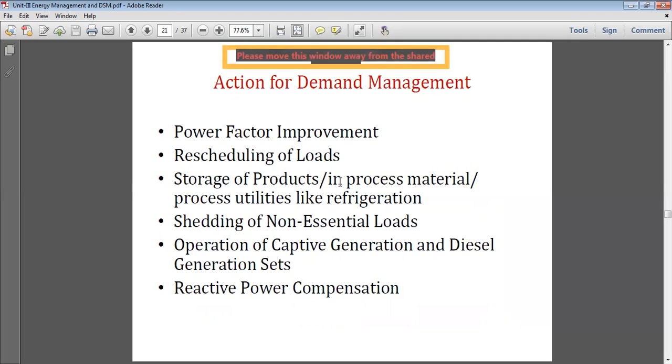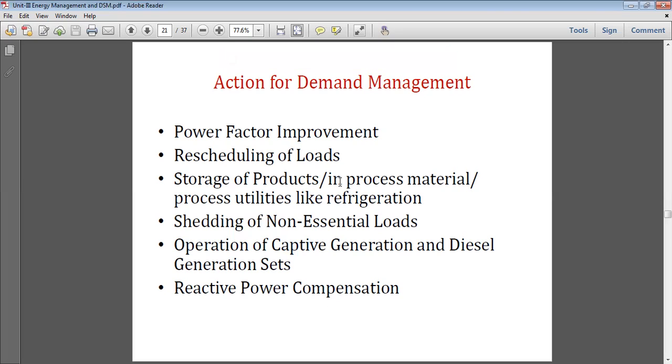Third is storage product, we will see what that is. Then scheduling of non essential feeders, operation of captive generation or diesel generating set, and reactive power compensation. Power factor improvement, the first point, we have already covered, so we will not discuss it much more.